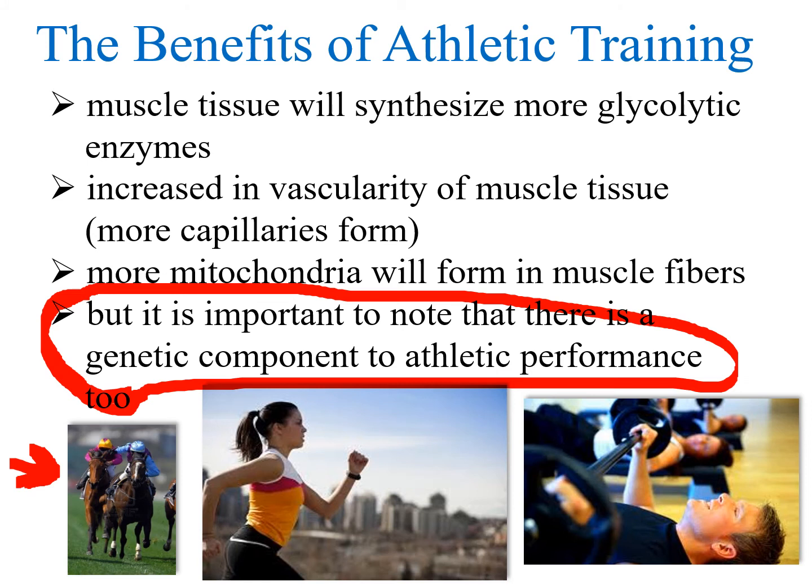Clydesdales are bred to pull beer wagons, like the Budweiser Clydesdales. So we can breed specific traits into organisms, whether it's racehorses or dogs or whatever it might be. And there is that reality again that genetics does play a role in athleticism to some extent too. Although training again is something that really pays big dividends as well.